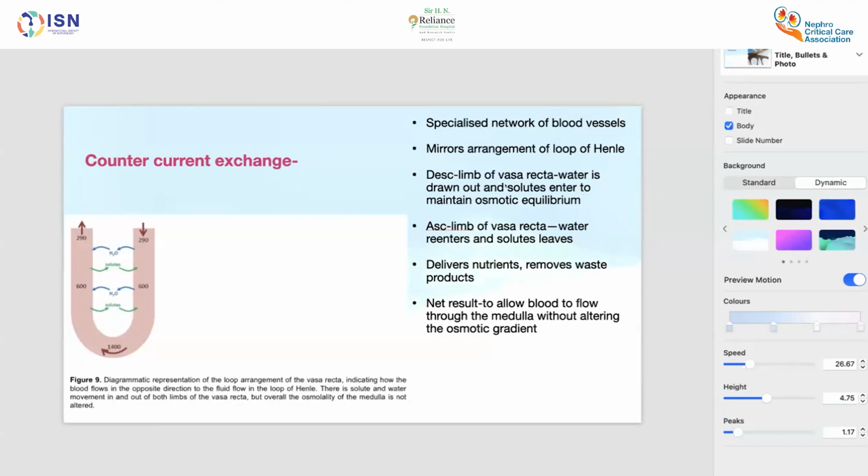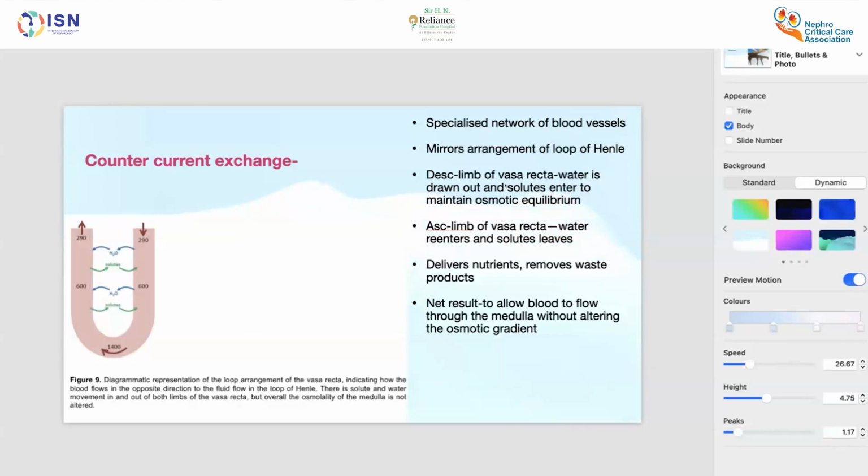The countercurrent exchange mechanism: there is a specialized network of blood vessels around the loop of Henle, which mirrors the arrangement of the loop of Henle. In the descending limb of these vessels, the vasa recta, water is drawn out and solutes enter to maintain the osmotic equilibrium.